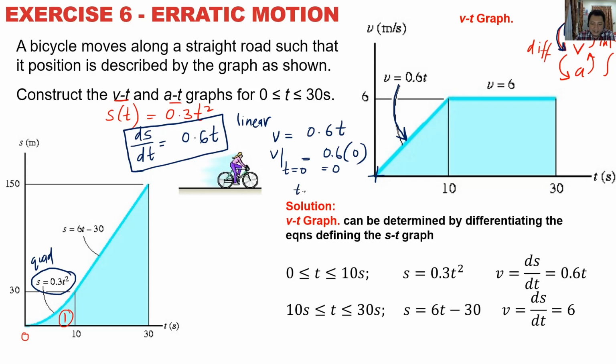When time is equal to 10, 0.6 times 10 gives 6 meters per second. So now you can plot the graph. The graph is V versus T. Okay? Everything okay? So this is the first part.